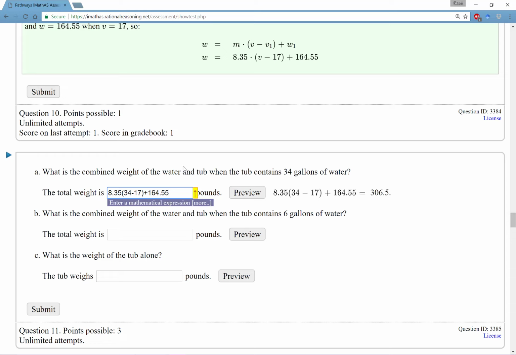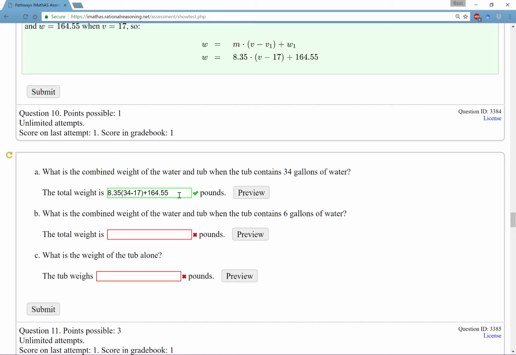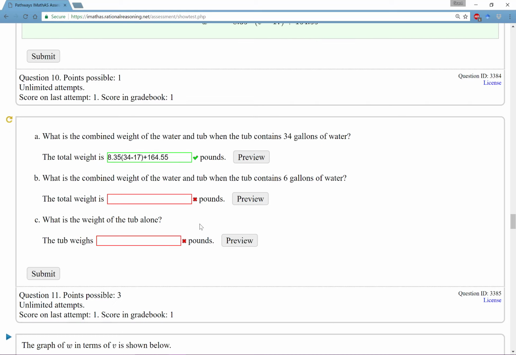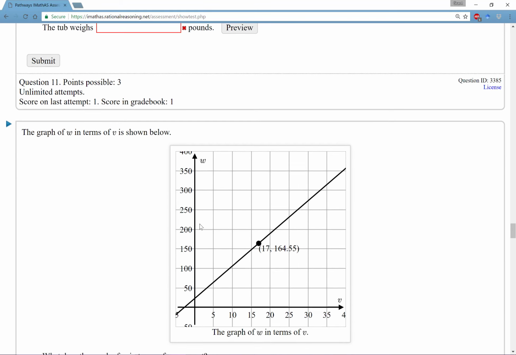So this tells us that the total weight is 306.5 pounds. Now we check that and we get a green box. Now the other two questions you can answer similarly. Now let's look at the final question.